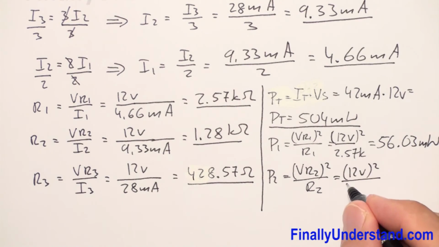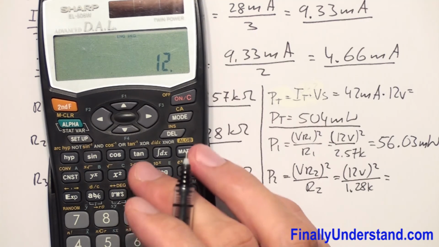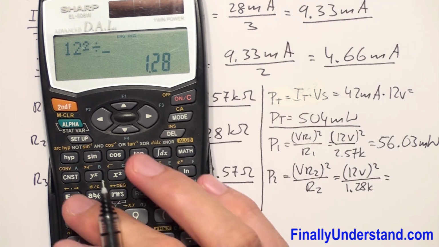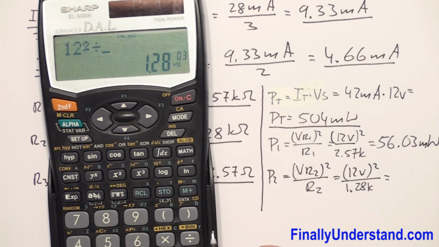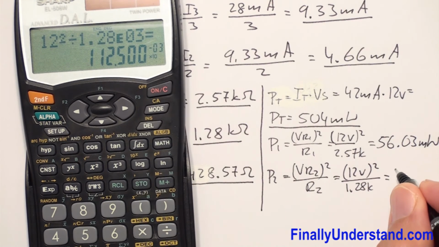R2 is equal to 1.28 K. This is equal to 12 to the second power divided by 1.28 times 10 to the third. This is equal to 112.5 milliwatts.